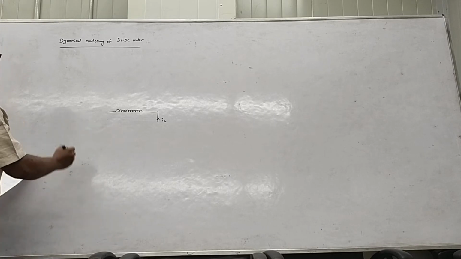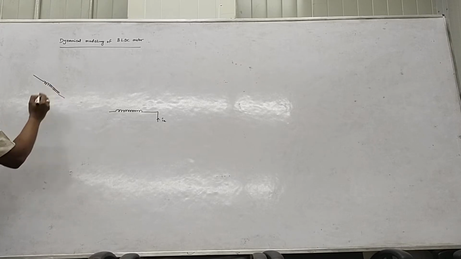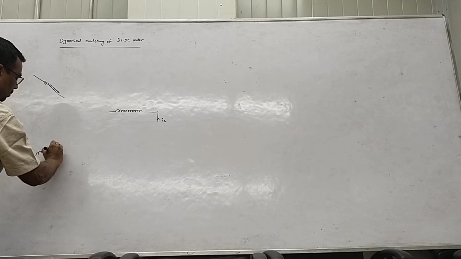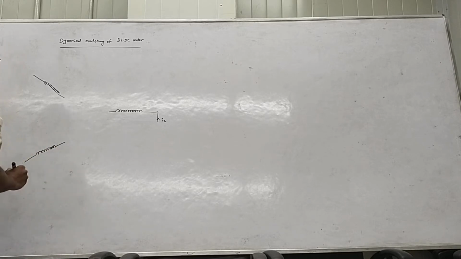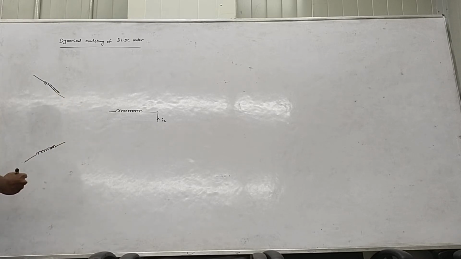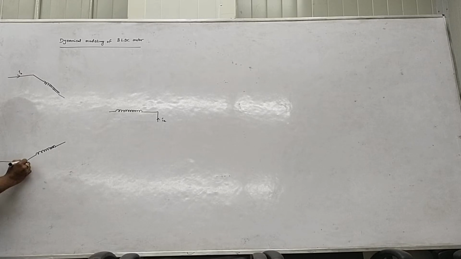Similarly, here is the phase B winding, and here we have the phase C winding. The stator winding currents are IA, IB, and IC.